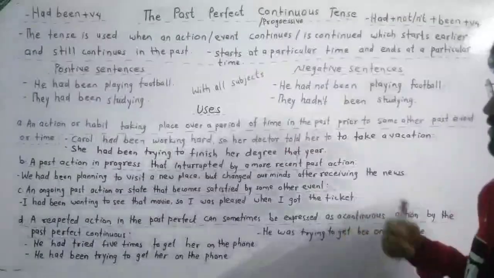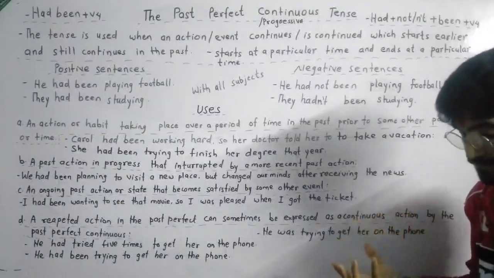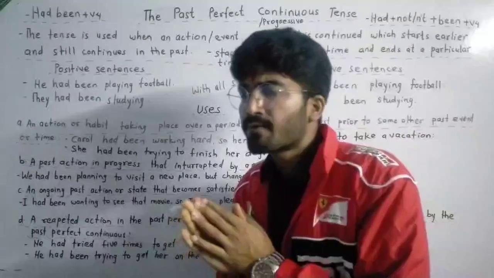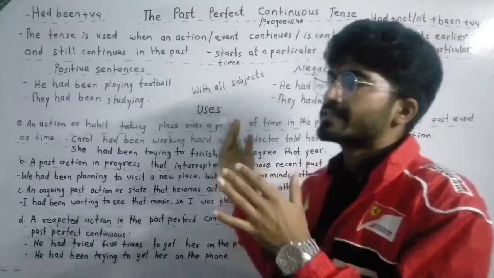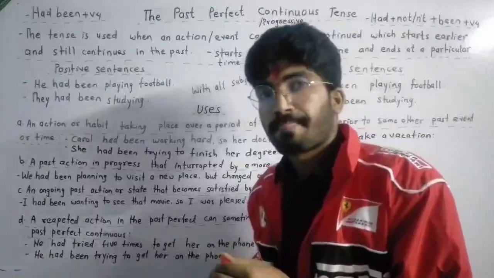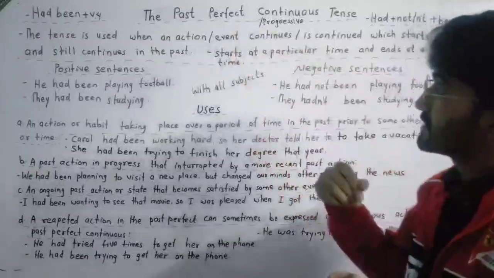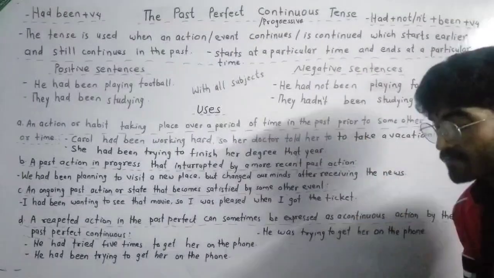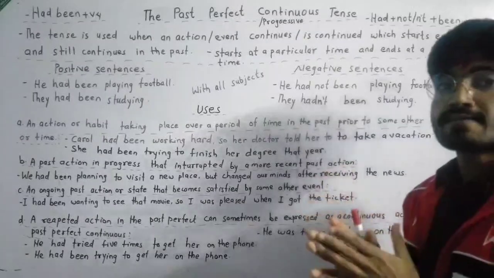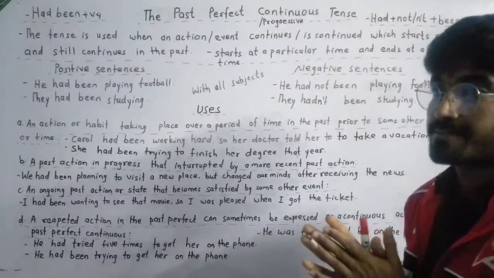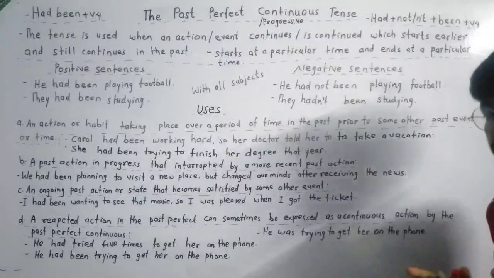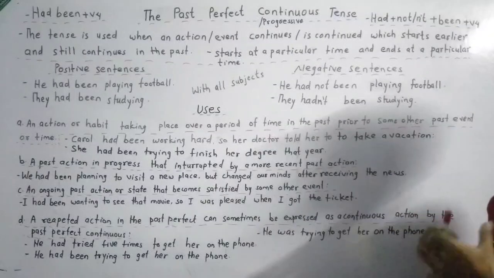And now let's talk about its uses. And basically, while speaking, mostly this tense is not used. Rather than using this tense, people prefer to use the past continuous tense. Most probably this tense is not used by people while speaking.